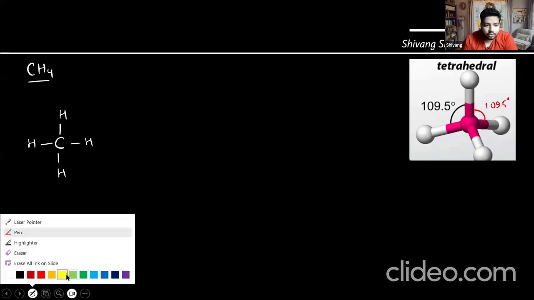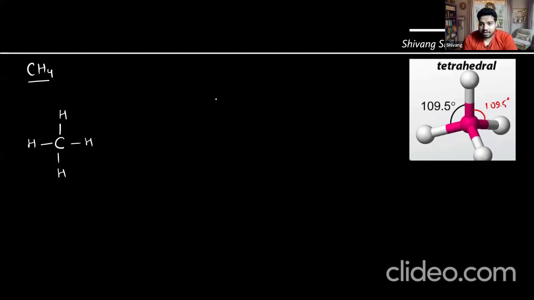Okay. So that's tetrahedral. How do we draw it on a 2D paper like this? Carbon, hydrogen, hydrogen. Now the bond which is going inside is drawn using dashed bonds. These are called dashed wedges. And the bond which is coming outside, towards you, is drawn like this, a solid triangle.